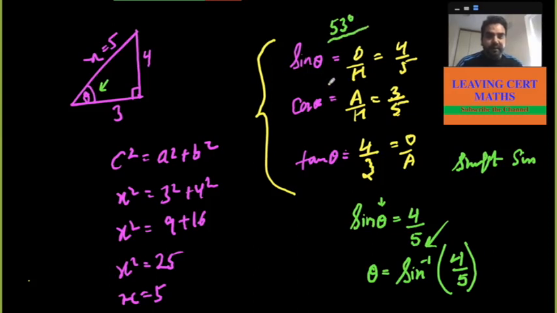Can you try from cos? How much are you getting? No, because theta is the same value, it should be 53. Are you putting 3 over 5? Oh, 3 over 5, right.